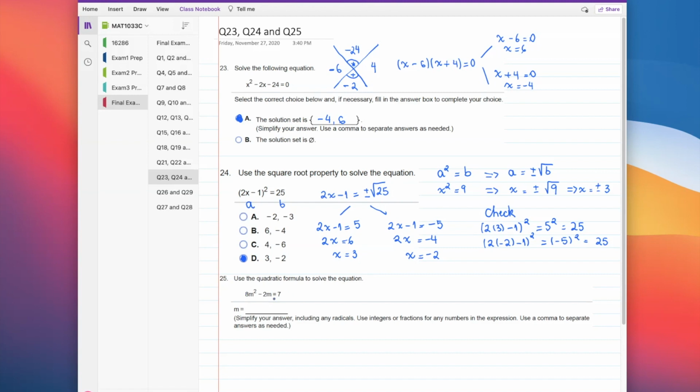Here it's telling us to use the quadratic formula. First, I look at this equation and see that for me to use the quadratic formula, my polynomial must be in standard form. To be in standard form, I have to move this term to the left side.